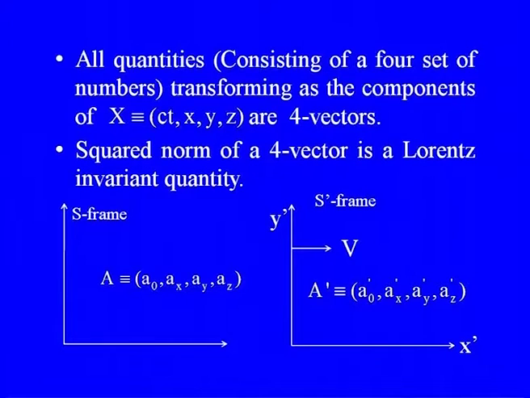To make things a little more general, we call all quantities which have four sets of numbers, and which transform in the same way as Lorentz transformations, and not only that, but whose squared norm is the same whether you are in the S frame or the S prime frame, four-vectors.